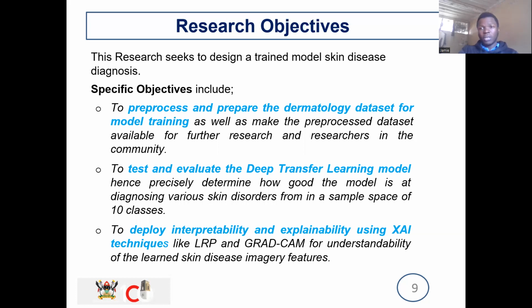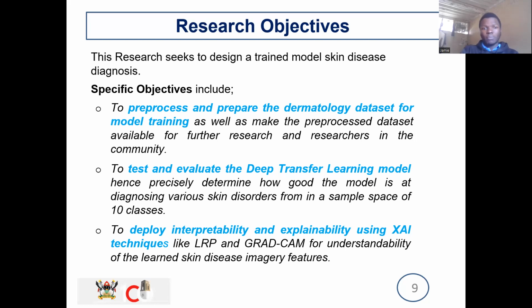Obviously, we shall be collecting this data from various sources like online sources, and some of it we shall collect from local clinics in Uganda, to increase our data set. We also aim to test and evaluate deep transfer learning models, hence precisely determining how good the model is. Our sample will span 1 to 10 skin disease data classes.